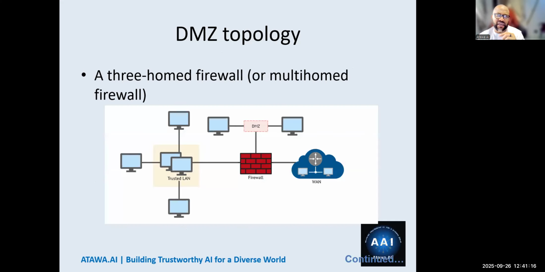Let me show you with this diagram. So look at this diagram, for example. I've got on the left side of my screen all these devices, and I've got the internet. I put a firewall between my internet and my local network. The three-homed one just means it's got three ports.